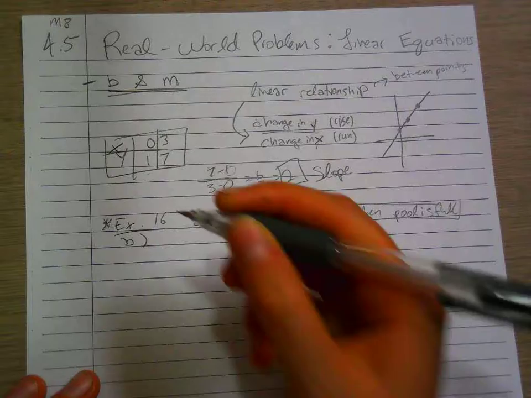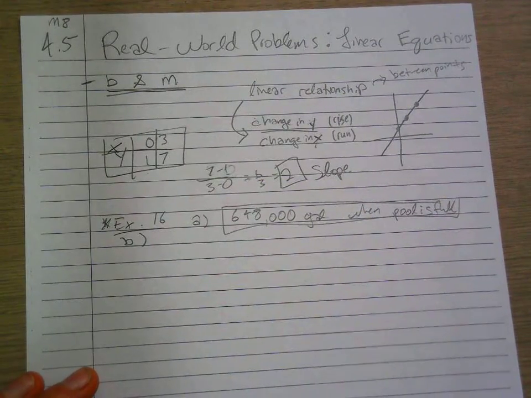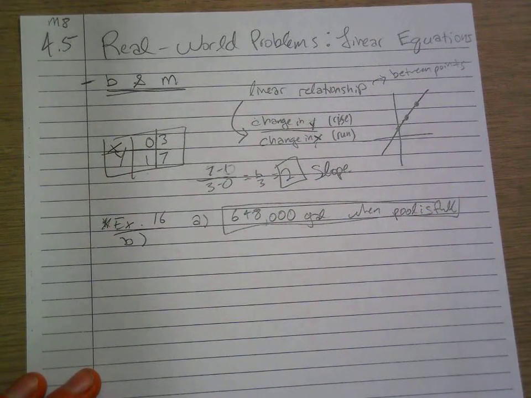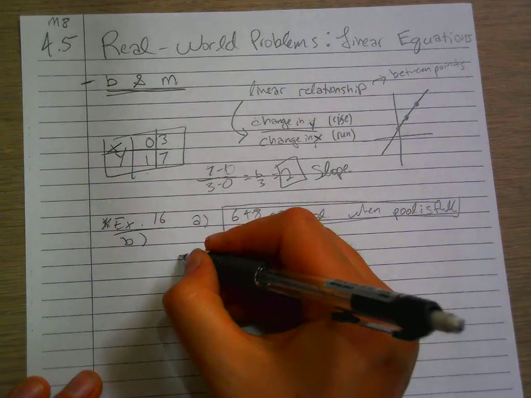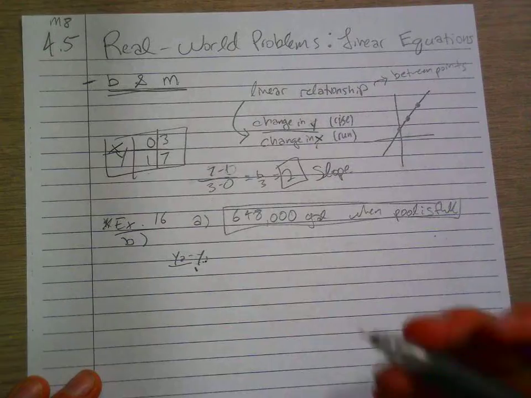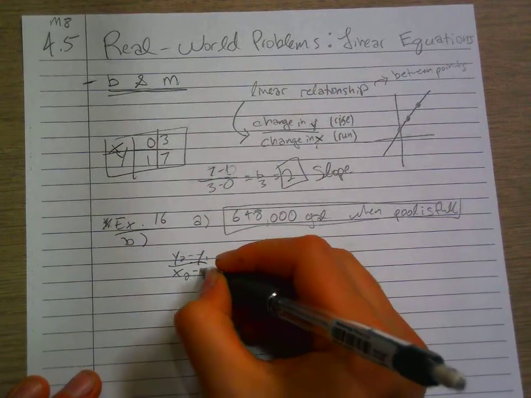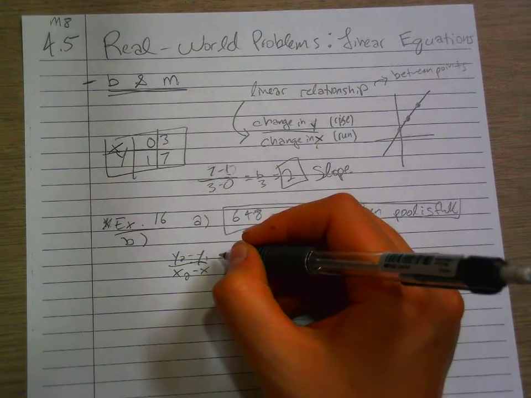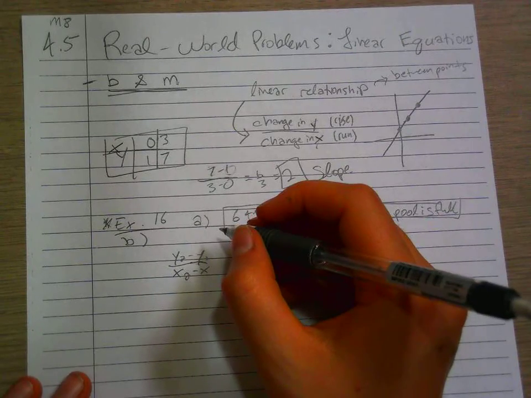B says, find the slope of the graph and explain what information it gives about the situation. The slope of the graph, we can do y2 minus y1 over x2 minus x1, and this is how we find our slope. So let's pick 2 points.